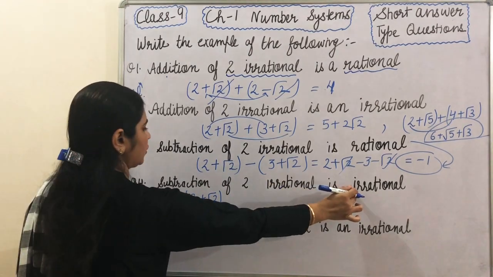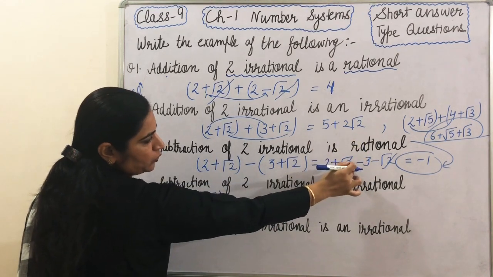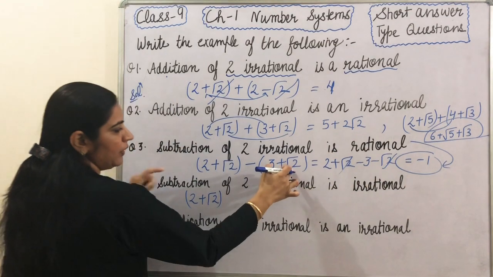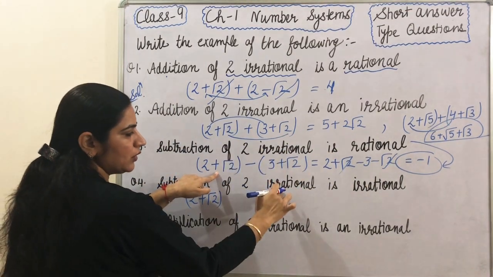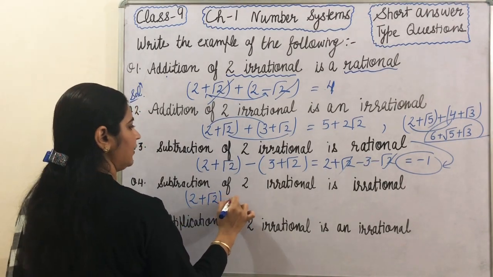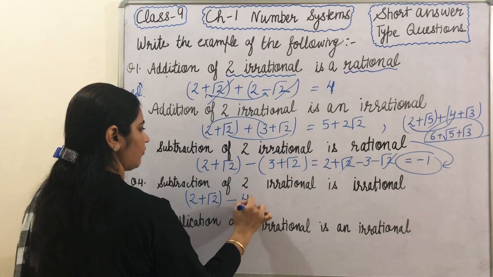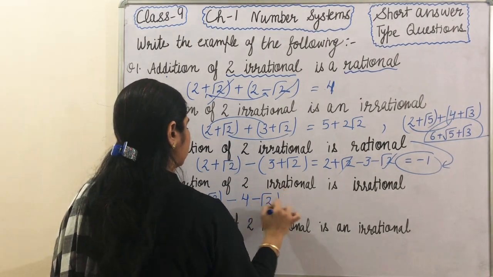The subtraction is an irrational. Irrational is required, in the previous one rational was required, so we had taken both numbers in such a way that cancellation would be there. And now this is required. So I'll take the second number as, suppose, 4 minus root 2.